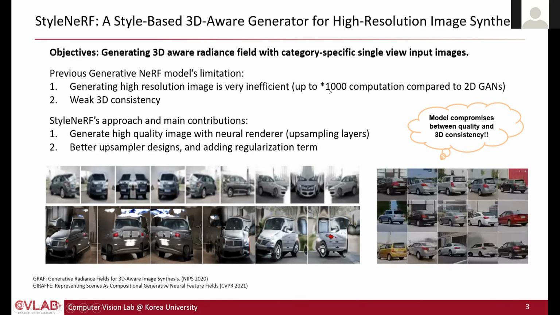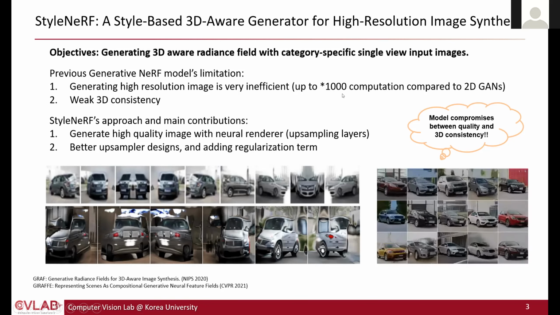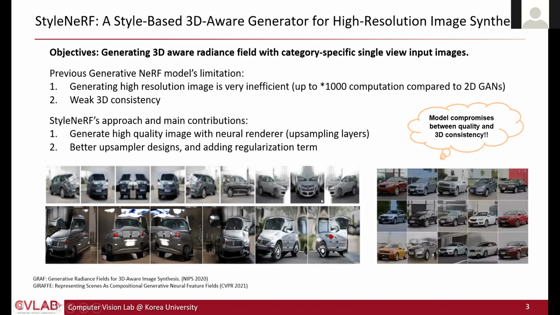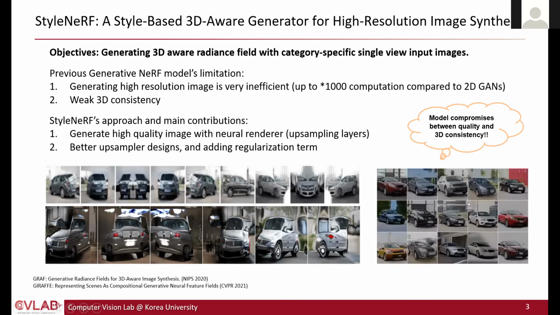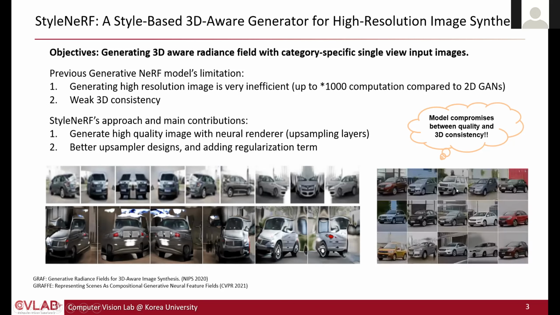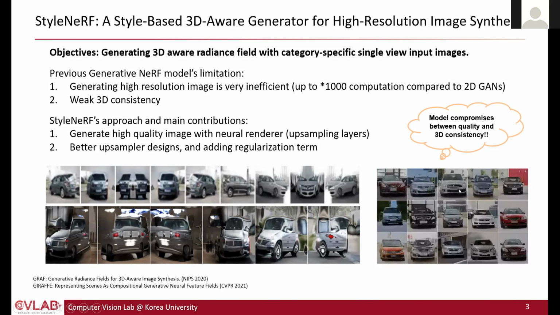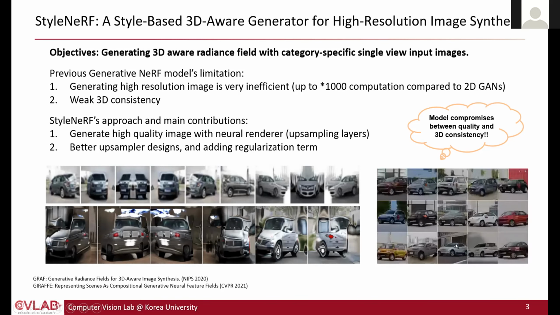The author said it is up to 1,000 times the computational cost. Also, they are weak at 3D consistency. As you can see from this image and GIF image, the 3D shape should stay still, but as the camera point changes, the shape and color change a little bit.